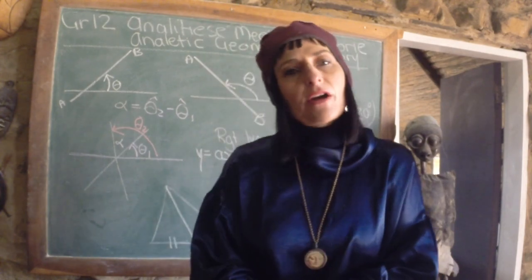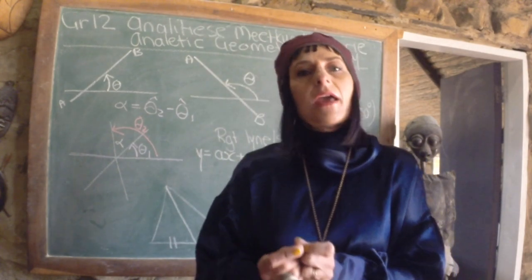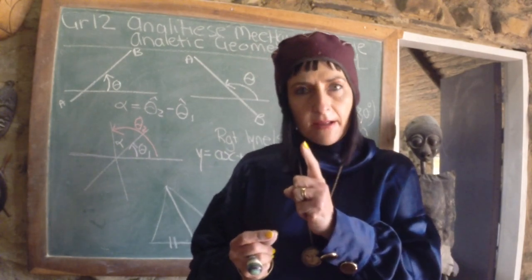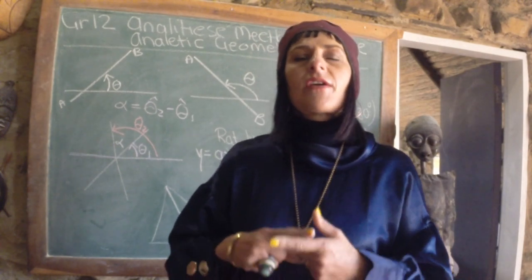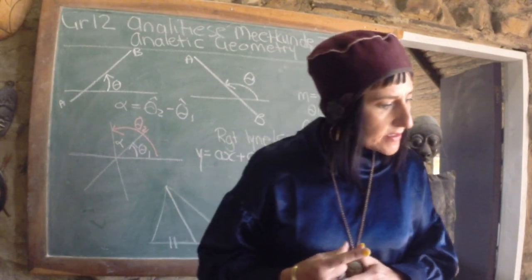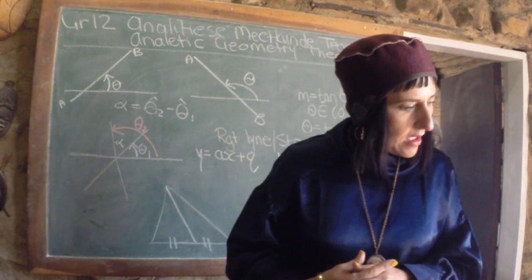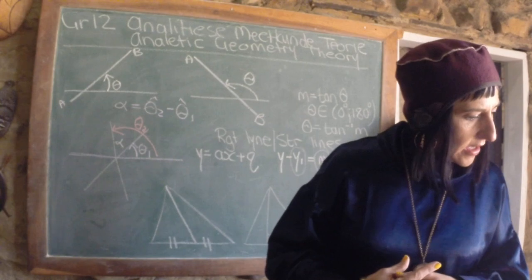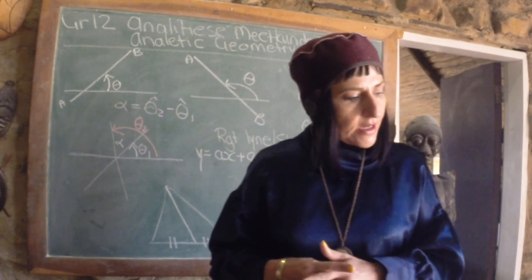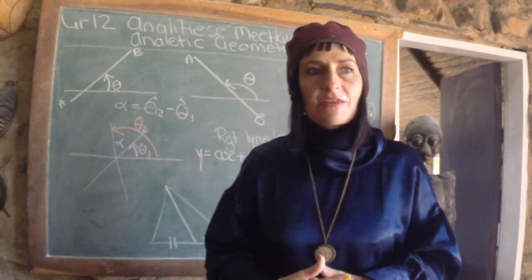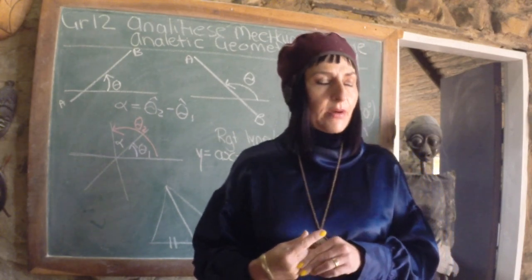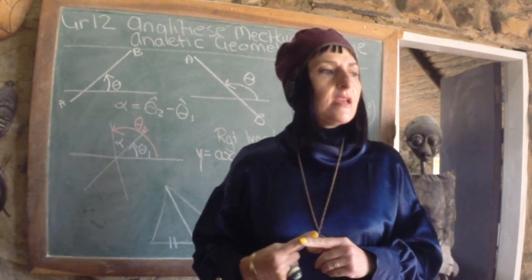The easiest way of proving a parallelogram is one way. You must prove that the diagonals bisect each other. Then it's a parallelogram.